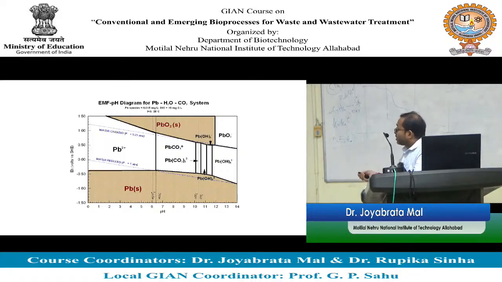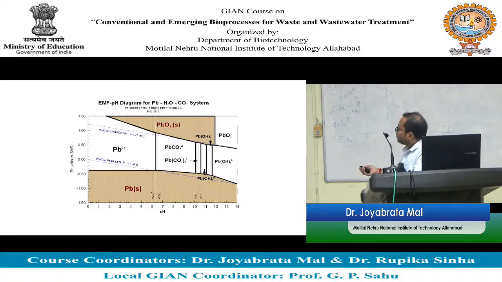But not just the pH, you also need to know what you are adding in your media. If the carbon is not there, suppose you are using plain water, of course it will not precipitate, isn't it? But when you are working with real wastewater or synthetic wastewater, you will have different carbonate, bicarbonate, or other carbonic forms, and it can precipitate.